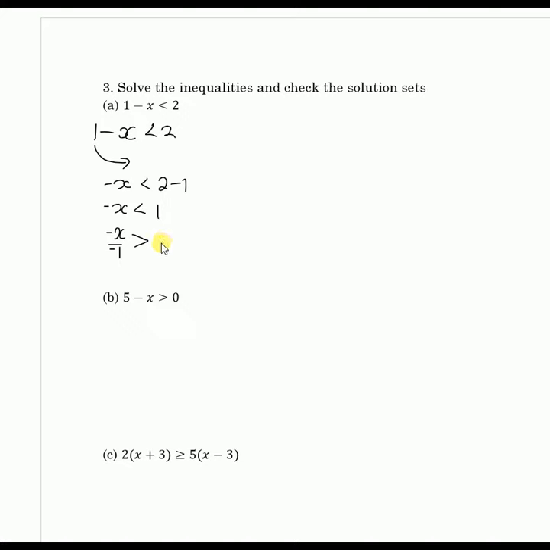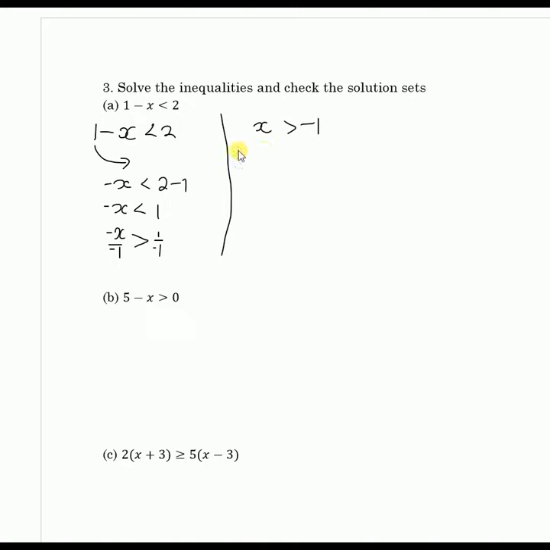So this one is now 1 divided by negative 1, and at the end of it you have x greater than negative 1. And to ensure that this one is correct, they said check the solution set.